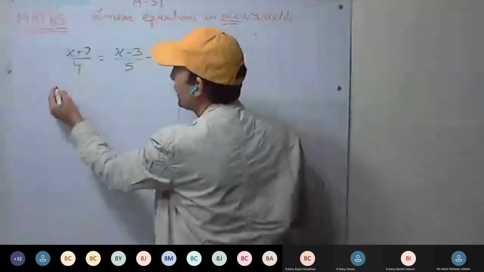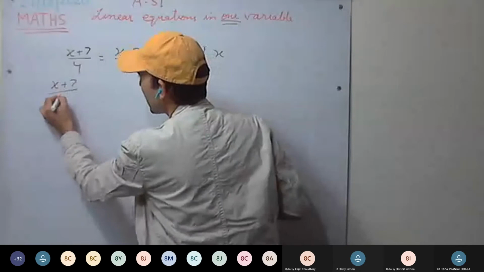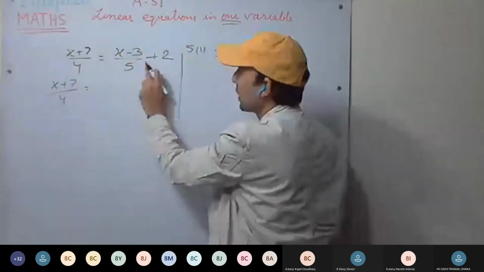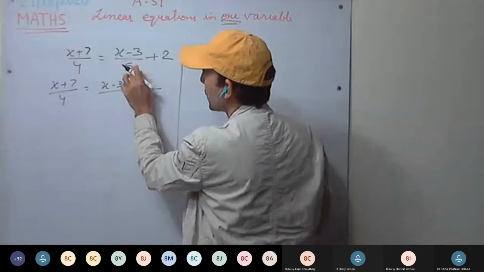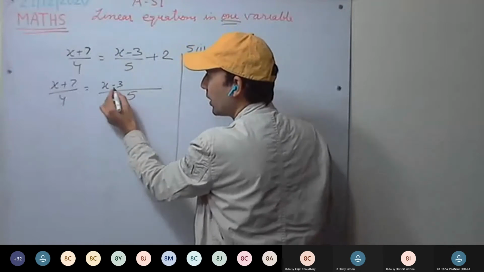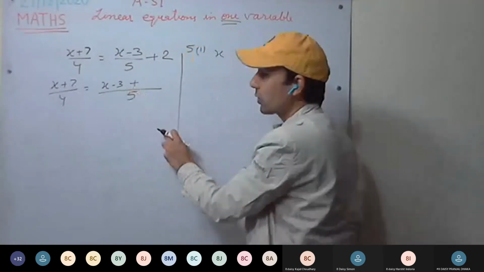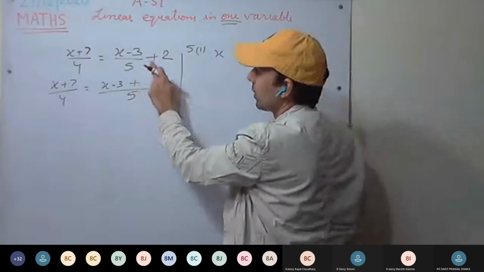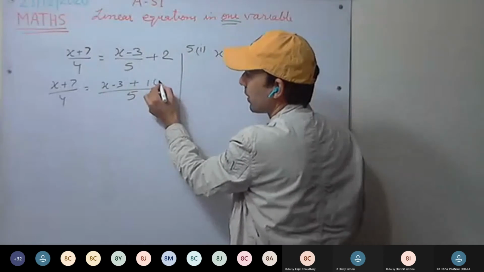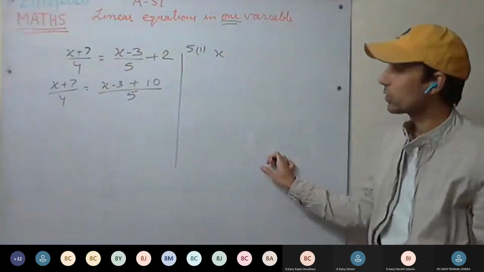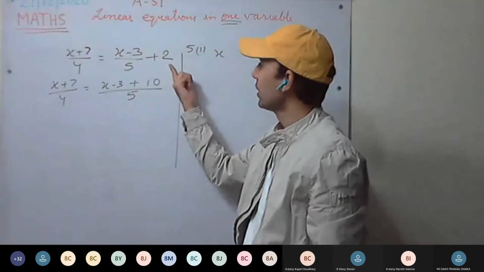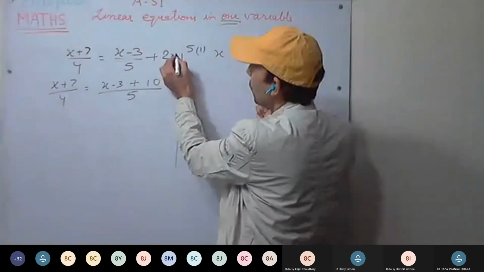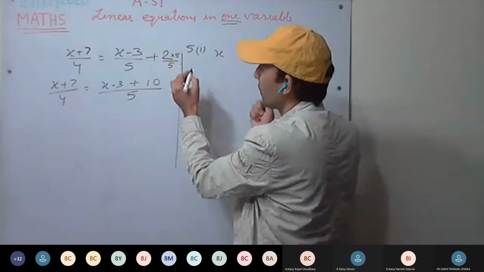Okay, take the LCM. X plus 7 divided by 4, leave that side. Right hand side we solve. X minus 3, LCM will be how much? 5. So plus how much? It will be 10. Understood this one? We are taking LCM, LCM is 5, so we multiply by 5 and divide by 5.